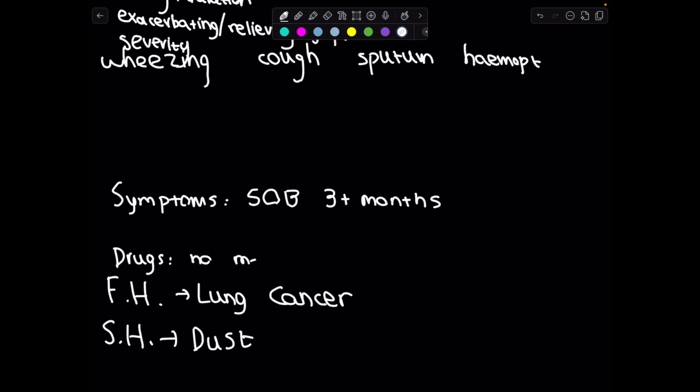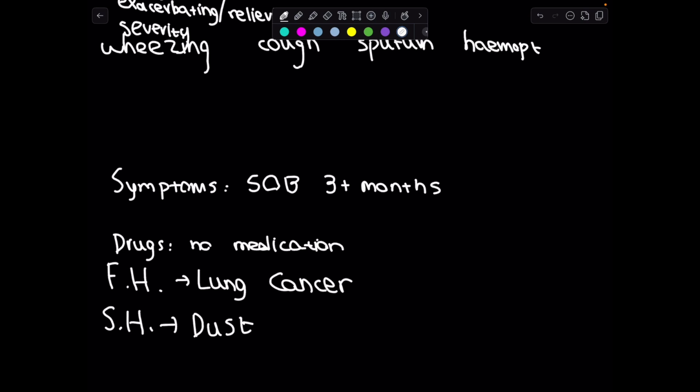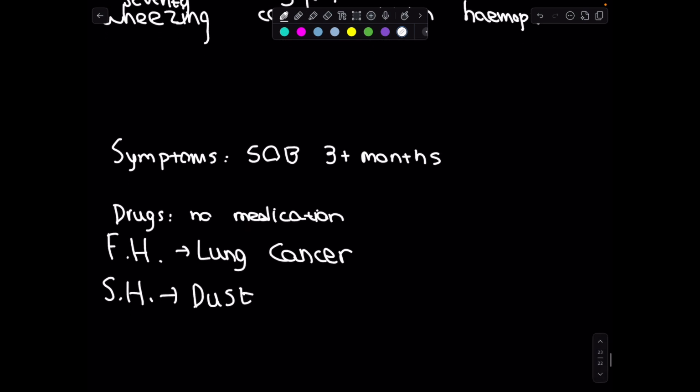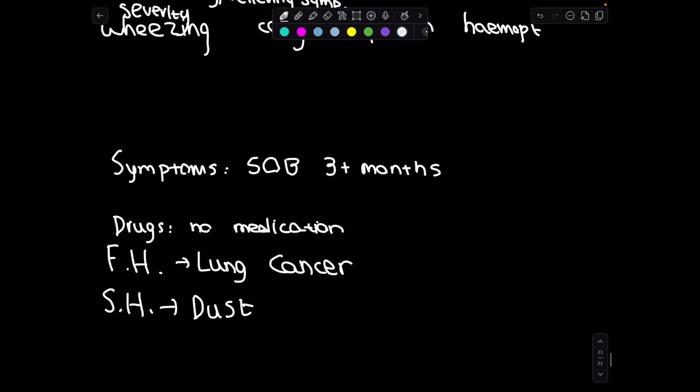The recreational drugs, smoking, alcohol? Smart move, checking social history. He confirms 20-pack years of smoking, quit 5 years ago, no recreational drugs, and moderate alcohol use. 2 to 3 beers a week. Wait, so he used to smoke for how long?